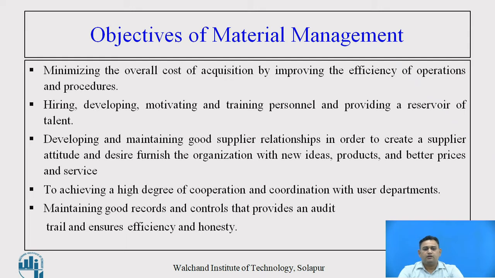The overall intention, or you can say the object, of material management means nothing else than to have the overall team well trained, and they have to be motivated regularly.